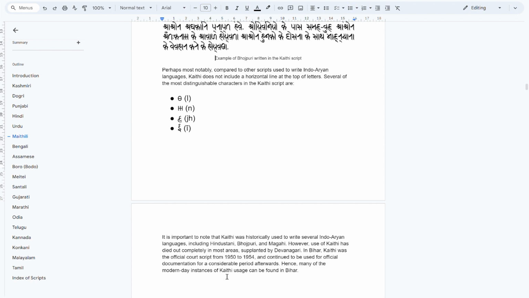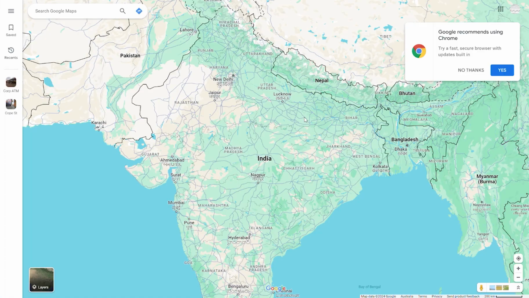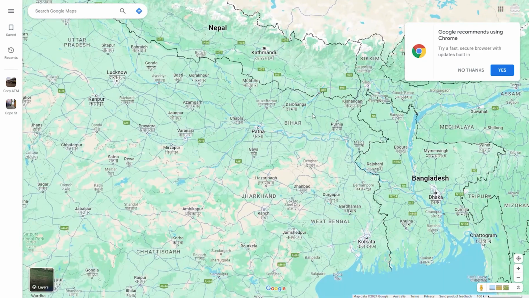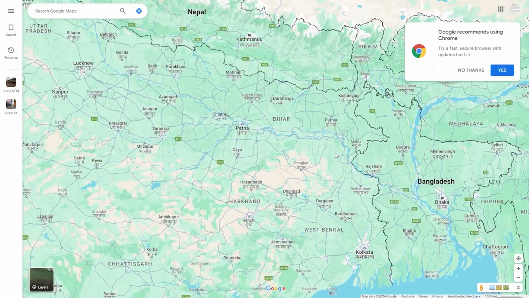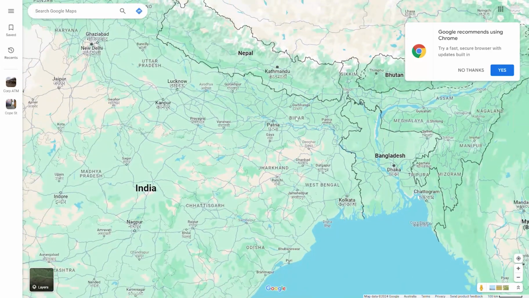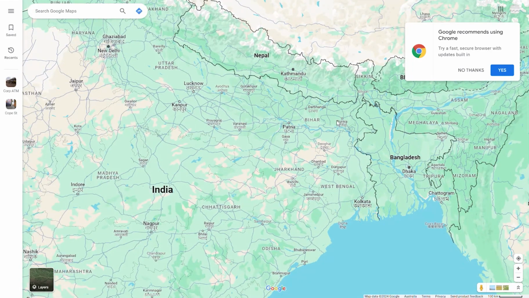So most of the modern day instances of Kaithi usage, which is this script here, can be found in Bihar, which is this state here that's just south of Nepal. So if for some reason you happen to find a Kaithi script somewhere in India, you're almost certainly going to be in Bihar, because that's pretty much the only spot where you'll see it used to write anything nowadays.